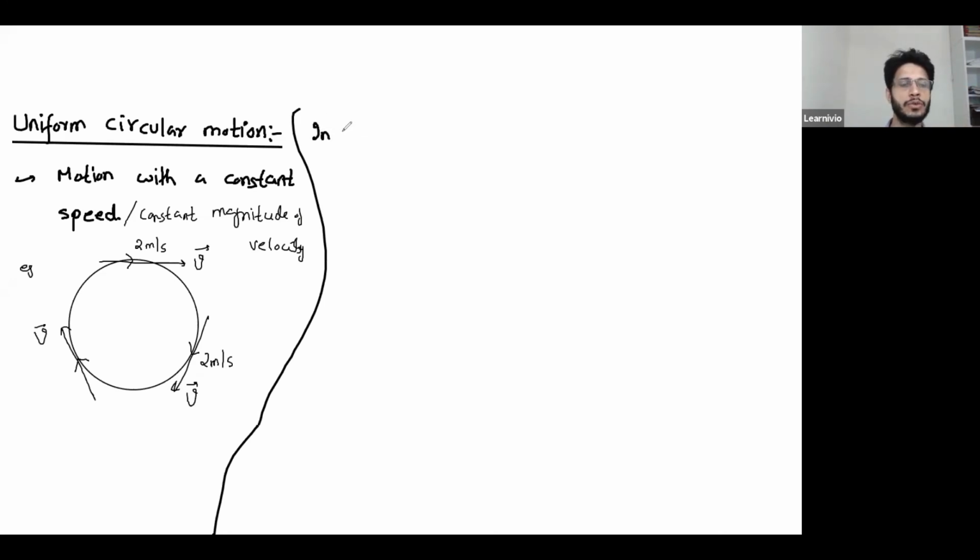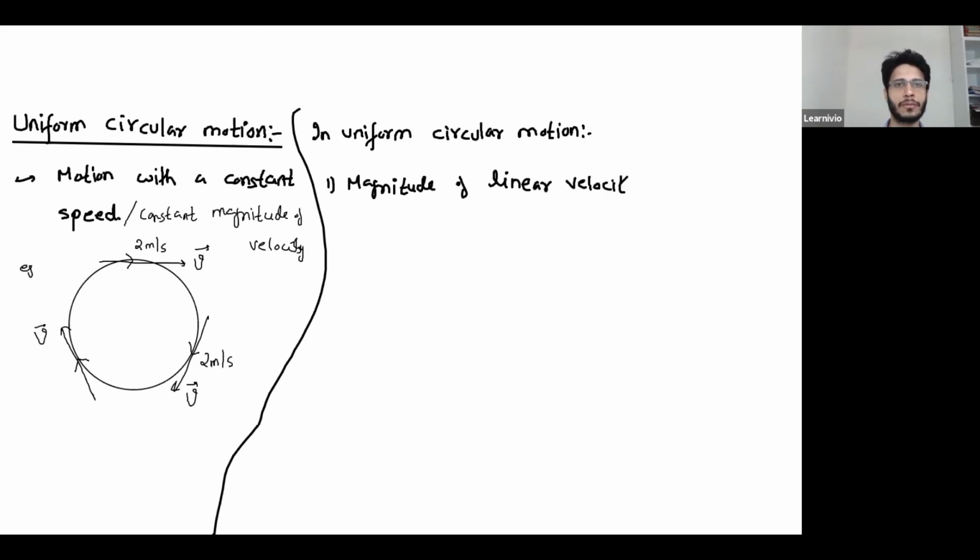So in uniform circular motion, first of all, magnitude of linear velocity is constant.